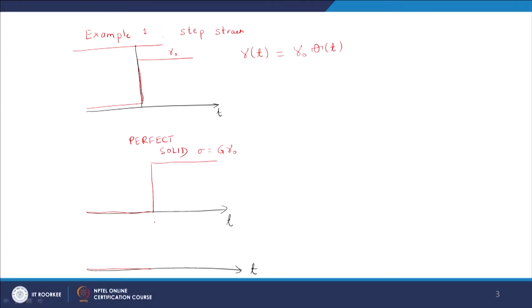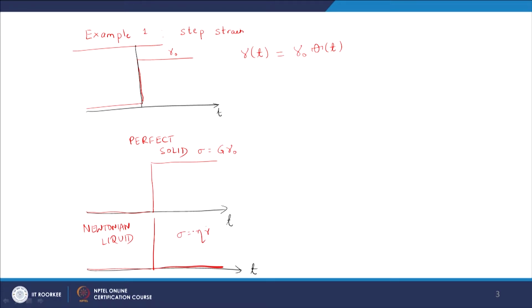So, we will see an instantaneous spike at t equal to 0. Apart from that, everywhere the stress will be 0. So, in that case, we are going to see something like that for a Newtonian liquid.